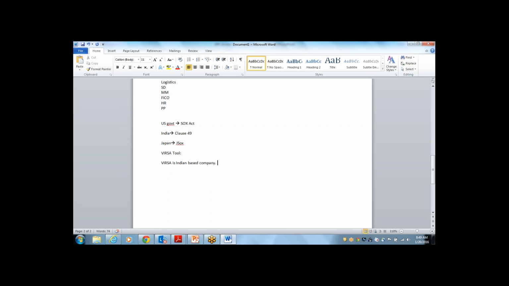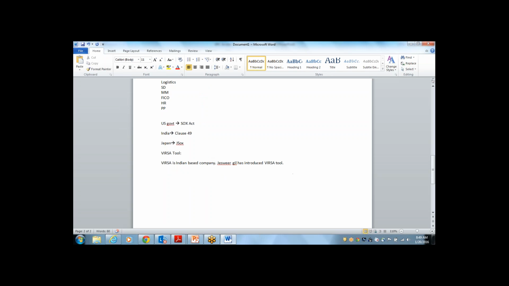And there is a person called Jasveer Gill who introduced this Virsa tool. I can definitely proudly say this is an Indian tool. Still we have the Virsa company, if you know, and my students got placed in Virsa also.